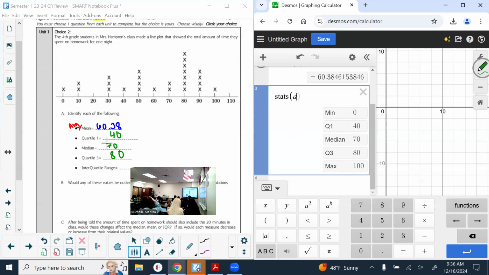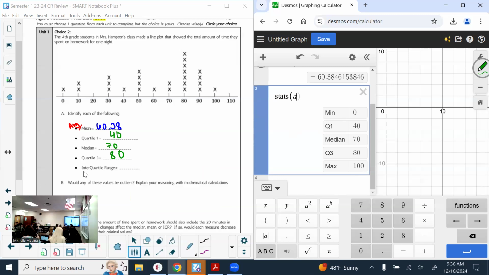The only thing it can't tell you, or it won't tell you, is the interquartile range right off the bat. So you would have to remember that formula. How do you find interquartile range?